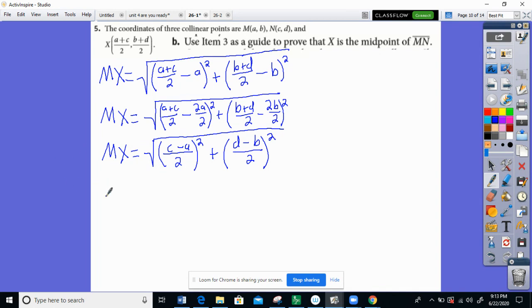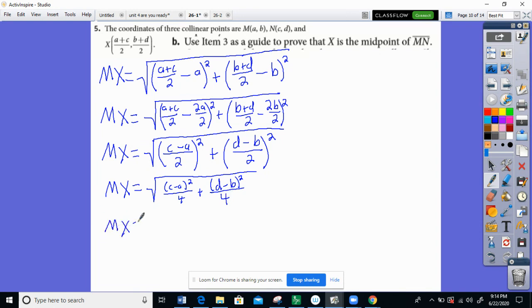All right, and we've seen this several times. We're going to square this 2 in the denominator. So I'm going to go ahead and make that be c minus a squared over 4 plus d minus b squared over 4.